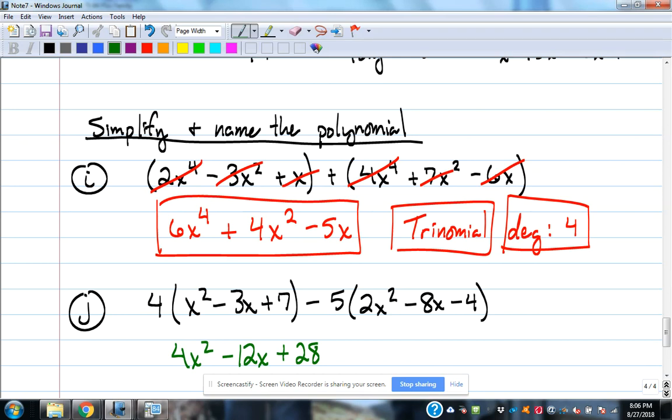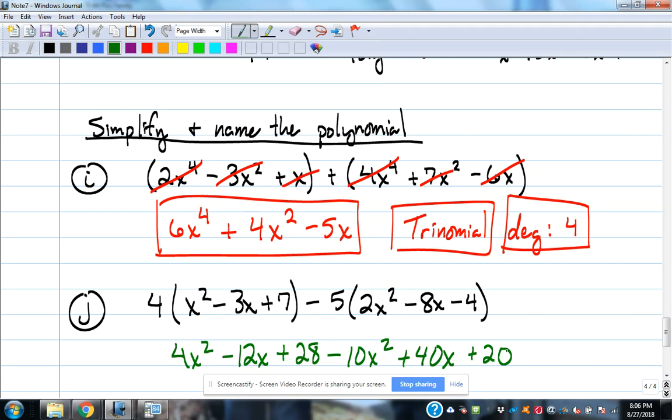Okay, so whatever sign is there, you want to take with you. So negative 5 times 2x squared. There you go. Negative 5 times negative 8x. Good job. Negative 5 times negative 4. There we go.